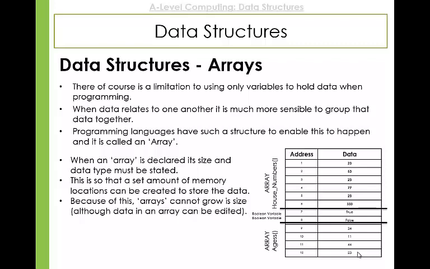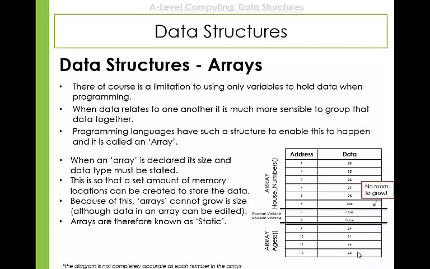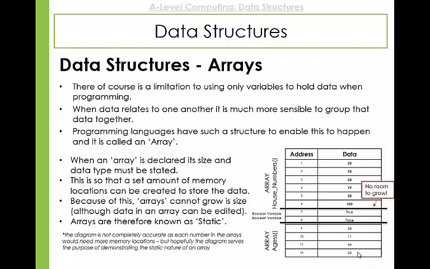Okay, so we can edit each of the values, but we can't actually add anything else to that array. Okay, it's set in stone in the memory. And therefore, we call arrays static. Okay, so they're static arrays. It's a static data structure.